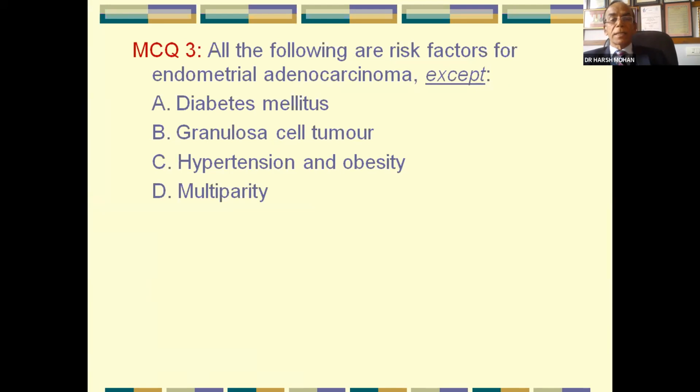That they have not recommended. So you defined the risk factors, but which one is not a risk factor here is multiparity, because instead it is nulliparity which is a risk factor. So you've given it a different language. All the following are risk factors of endometrial adenocarcinoma except multiparity. Instead, it is actually nulliparity.